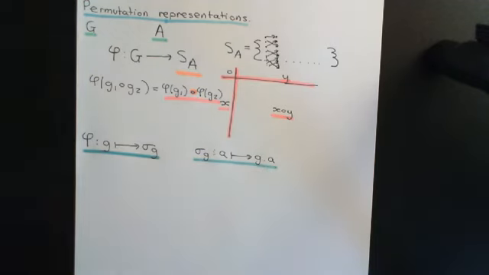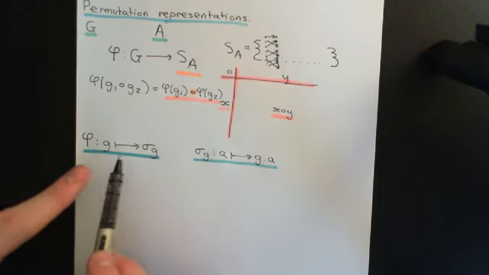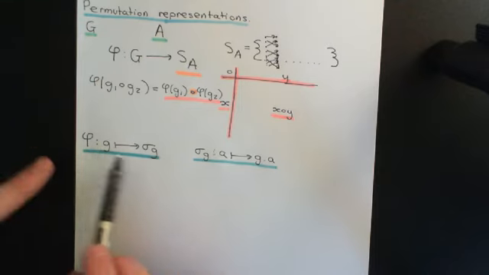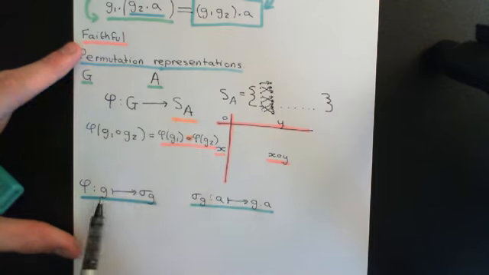Okay, and we know that in fact these set permutations, their composition is consistent with the composition of the elements of the group. Okay, right, so we now need to prove then that this mapping is in fact a homomorphism. Of course, we now know that it is a mapping from the group into the symmetric group on the set A. How can it not be?